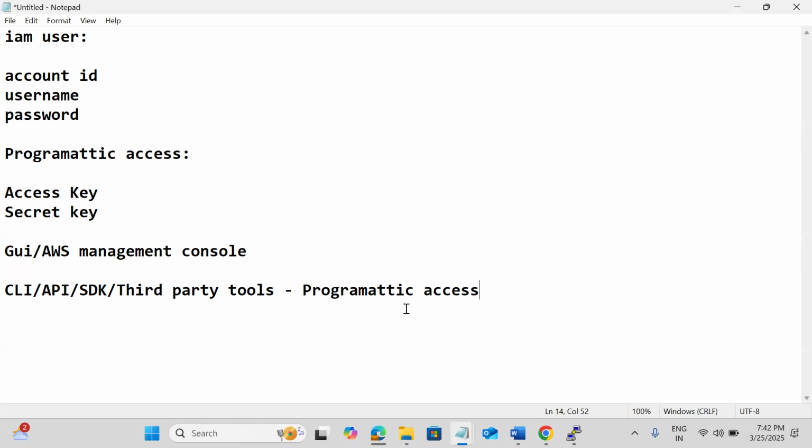Every account has a 12-digit account ID. Then we get a username and password. For every user, we get a username and password, and with that we are going to log in.